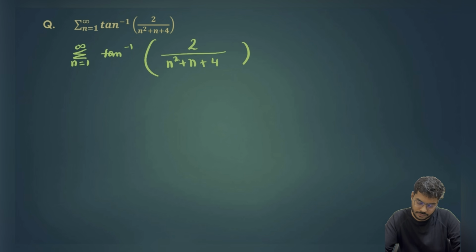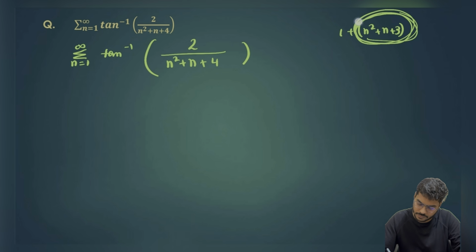So what I will do, if you look, I have to create 1, right? How to create 1? If I write 1 plus n square plus n plus 3 as a denominator, this will not work out because we don't know the factors of this.